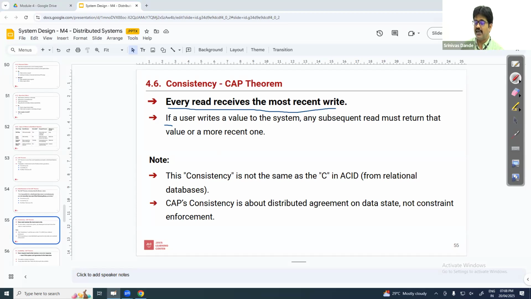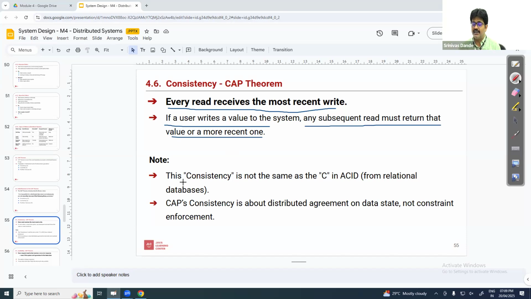That is, if a user writes a value to the system, any subsequent read must return that updated value or recent value. It should not give stale data, old data. If the system is providing the most updated data always, then it is called a consistent system.